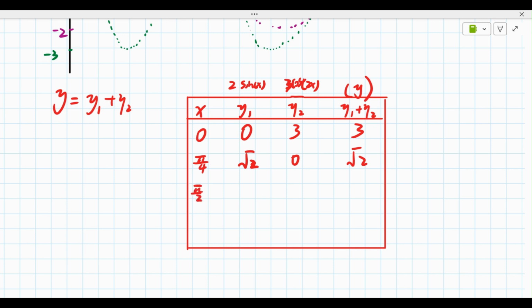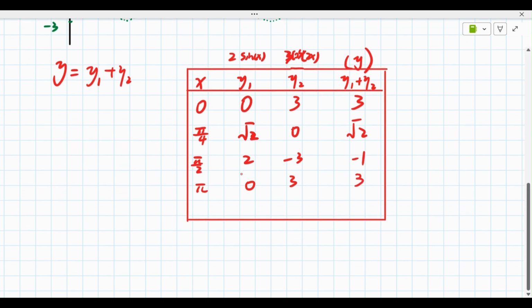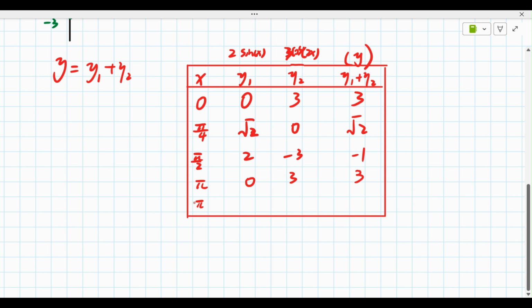And we do pi over 2. Sine 90 degrees is 1, so that's 2. Cosine pi is -1, so that's -3, so y1 plus y2 is -1. And pi, that's 0. And 2 pi, cosine 2 pi equals 1, so that's 3, so that's back to 3. And the last one, we can do 3 pi over 2.